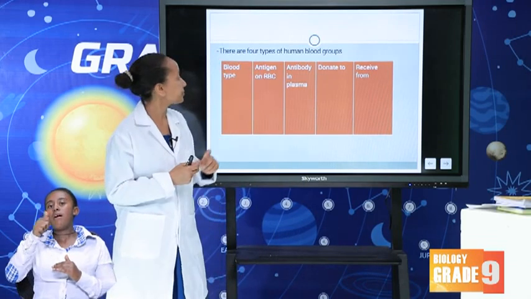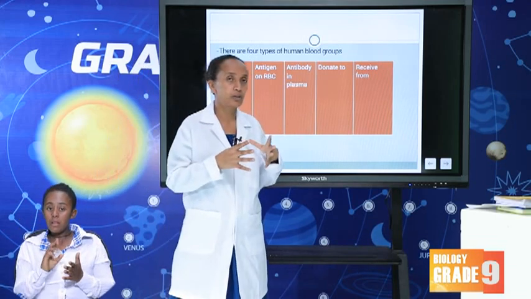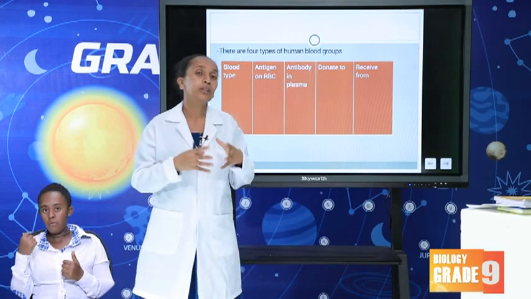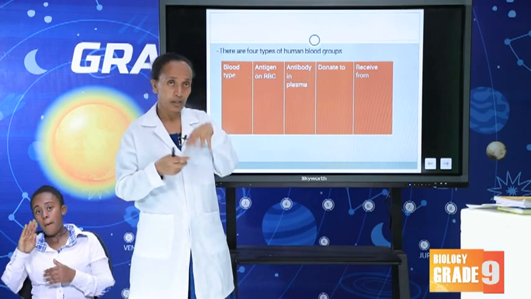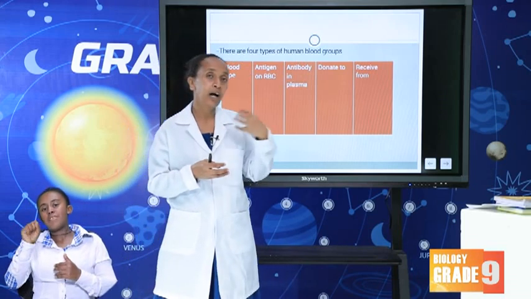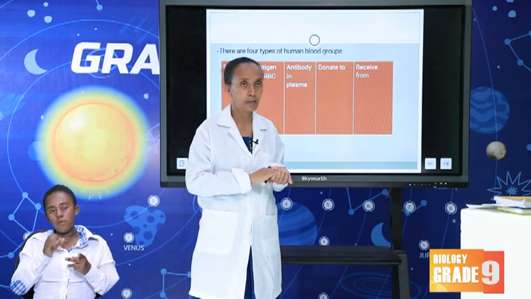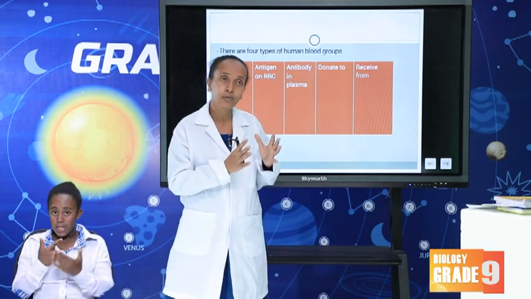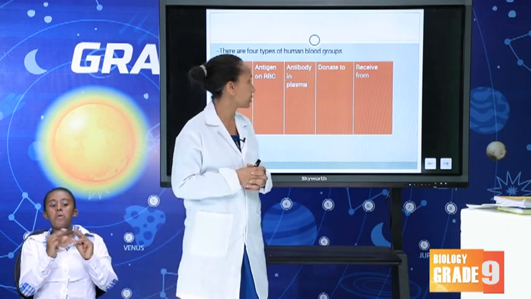In other words, individuals that are known as type A individuals have antibody anti-B in their plasma, and they have antigen A on the surface of red blood cell. This make type A individuals different from other blood group individuals.